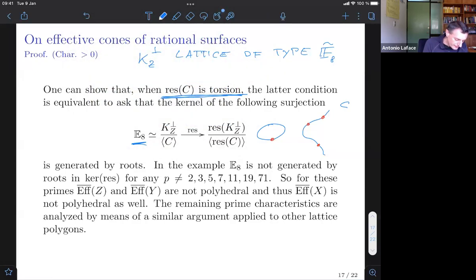Now I take one root in E8, or the lifting of one of these roots into K_Z orthogonal, modulo multiples of C, and I take its restriction R, which is a point outside this group. This is in characteristic 0.